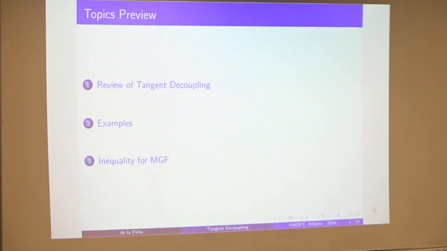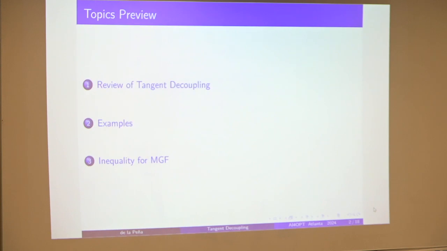Okay. So I already gave some introduction to tangent decoupling, but I'm going to review things because some people thought I was going too fast. So this will help as a refresher.